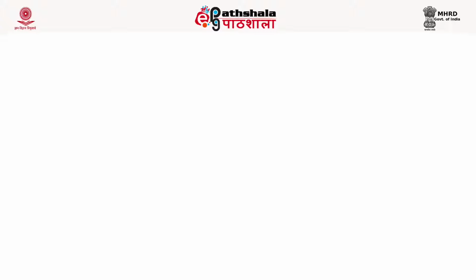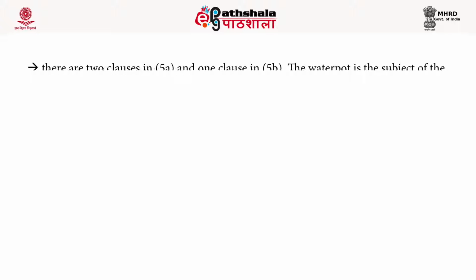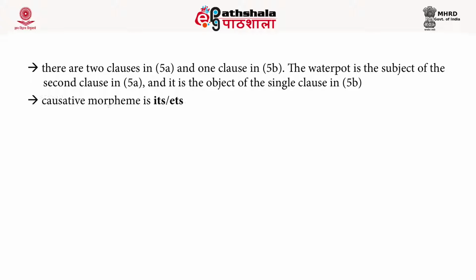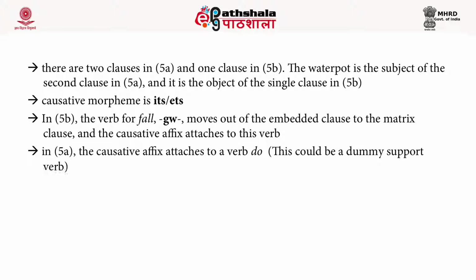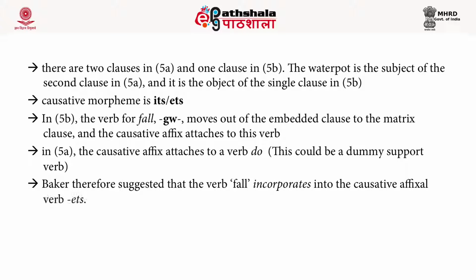Now we can see that there are two clauses in 5a, whereas there is one clause in 5b. Water pot is the subject of the second clause in 5a, and the object of the single clause in 5b. In Chichewa, the causative morpheme is its, and the verb for fall is the morpheme gwa.